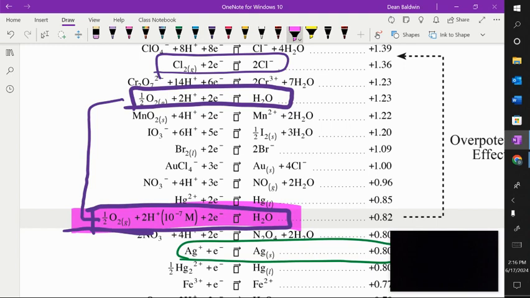When you pull it off and rewrite it as an oxidation, because it's written as a reduction here, but we know it's being oxidized, you have to flip that.